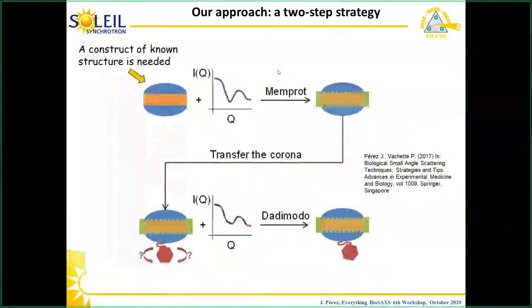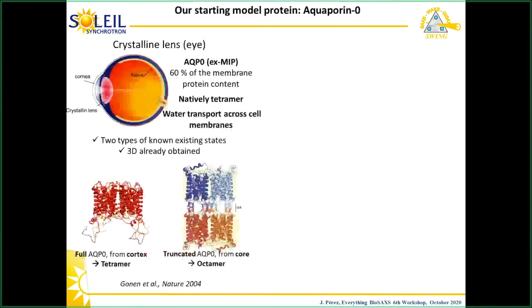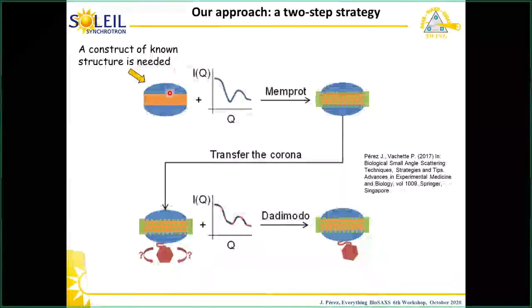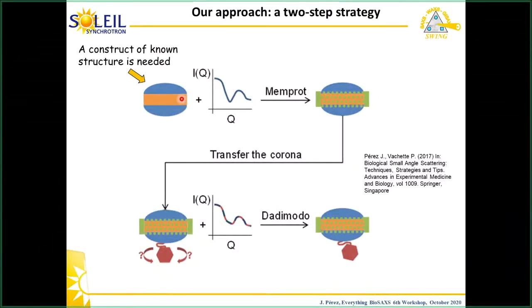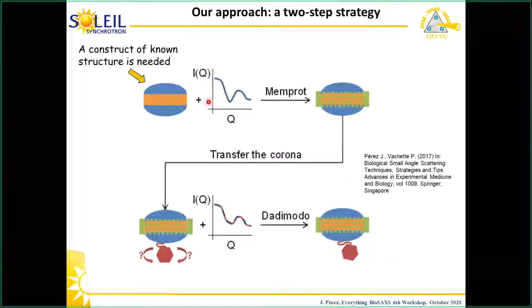So our strategy is a two-step strategy. We must first start with a construct of the membrane protein that is known from crystallography, for example. And from this construct, we solubilize it in a detergent solution, and we produce a SAXS curve in some way that I will go into detail later.